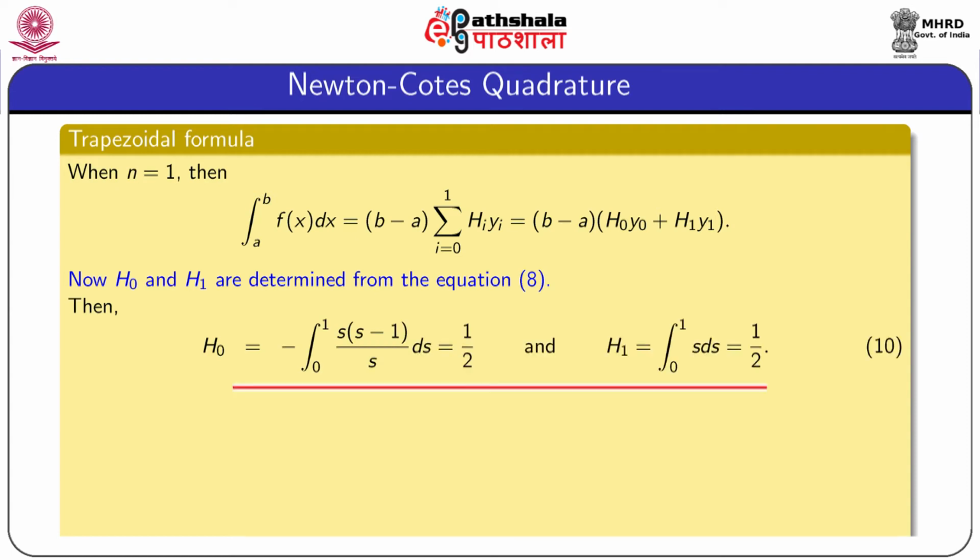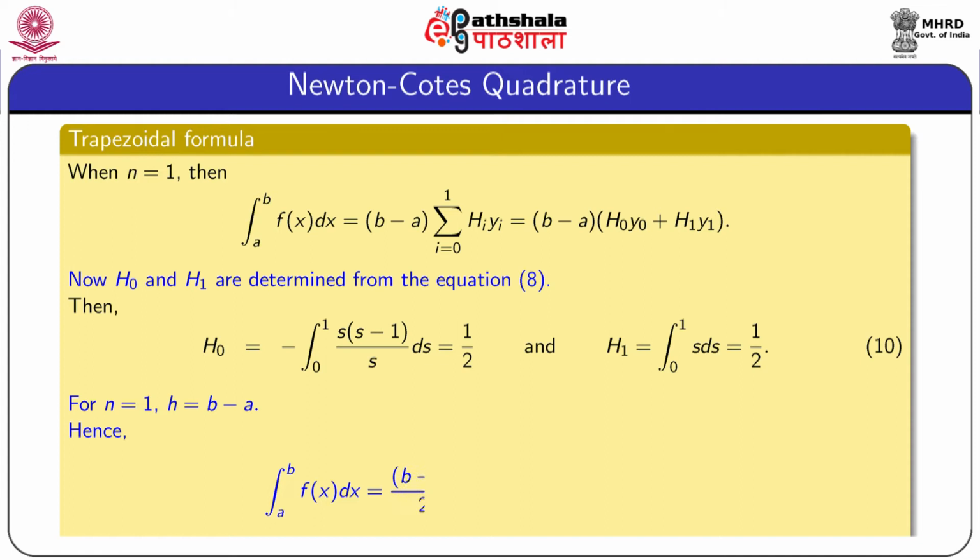After integration we get h0 equal to half and h1 equal to half. Therefore, for n equal to 1, h equal to b minus a, and hence integration a to b f(x) dx equal to (b minus a) by 2 into (y0 plus y1) equal to h by 2 into (y0 plus y1).